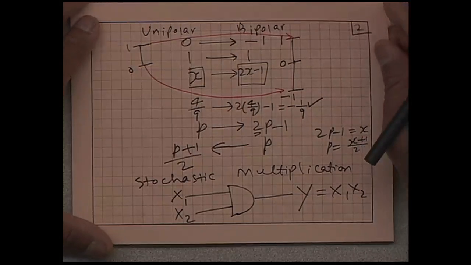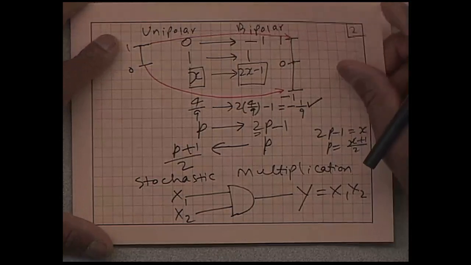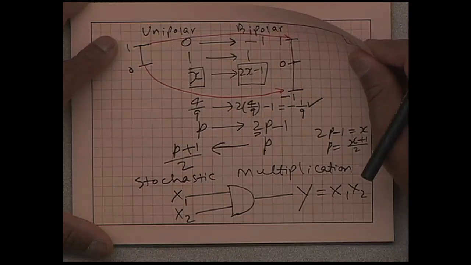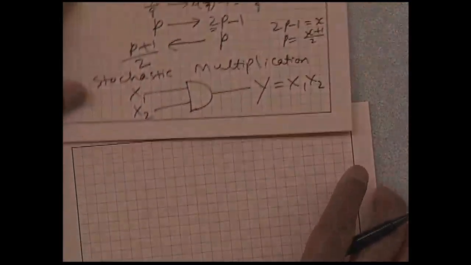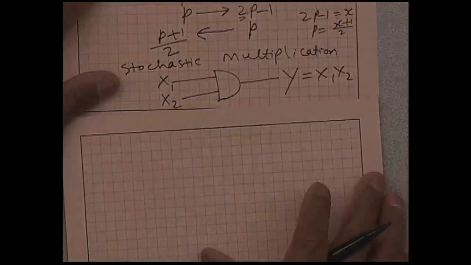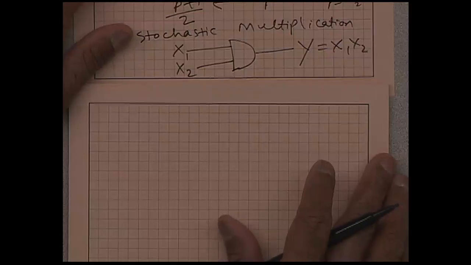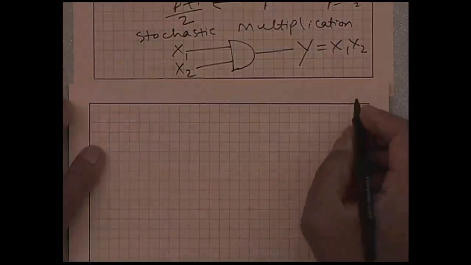So let's talk about if I had a number x1 and a number x2, these are stochastic numbers, what would be the output of the AND gate? The output of the AND gate is 1 if the two inputs are 1.